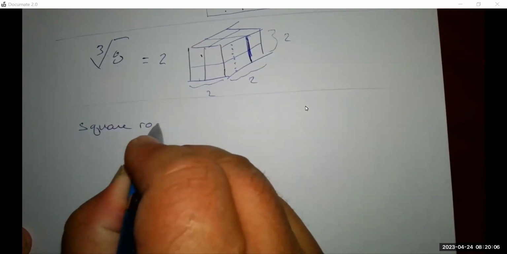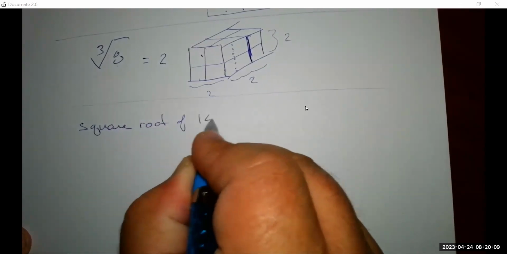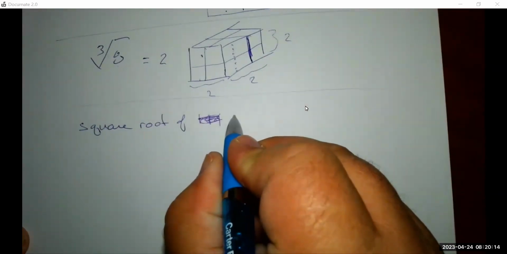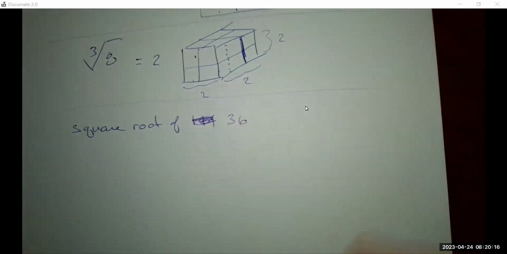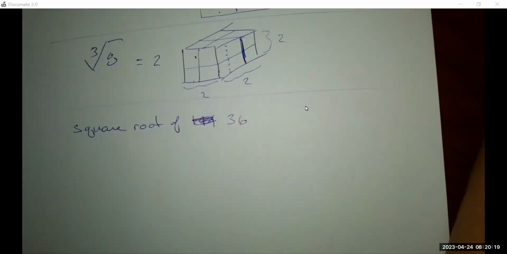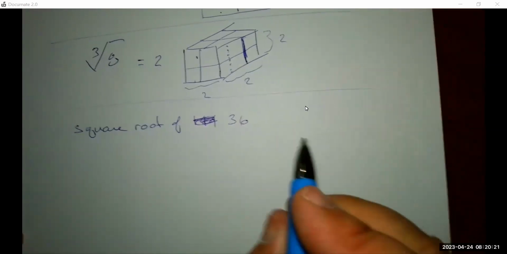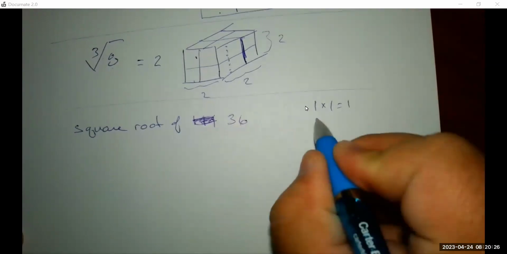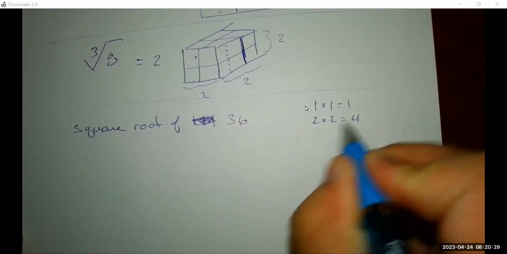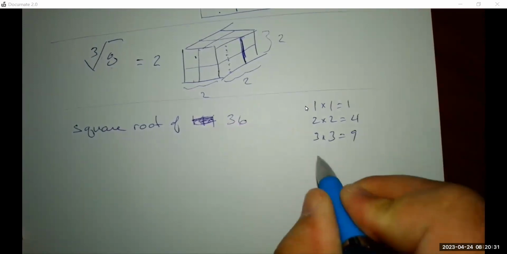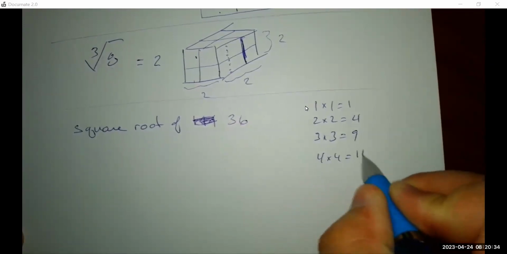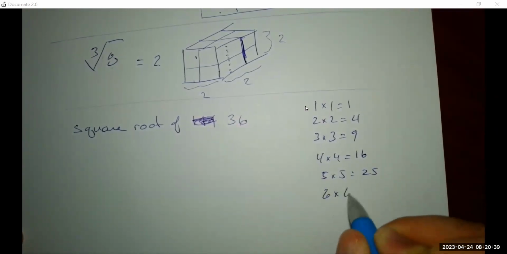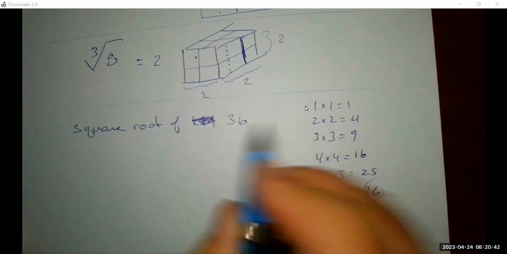What is the square root of 144? Or let's try 36. What's the square root of 36? Well, we know that 1 times 1 is 1, 2 times 2 is 4, 3 times 3 is 9, 4 times 4 is 16, 5 times 5 is 25, 6 times 6 is 36.